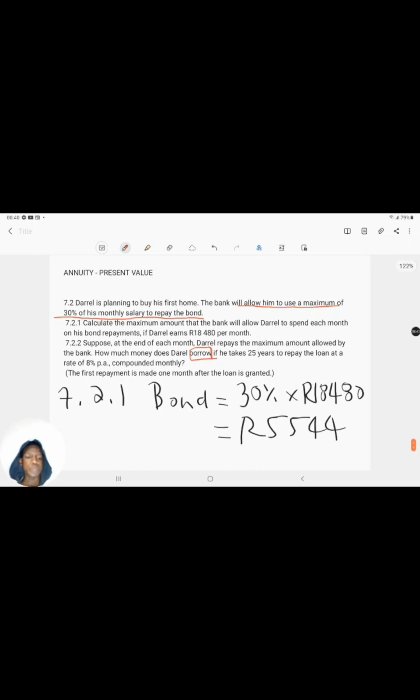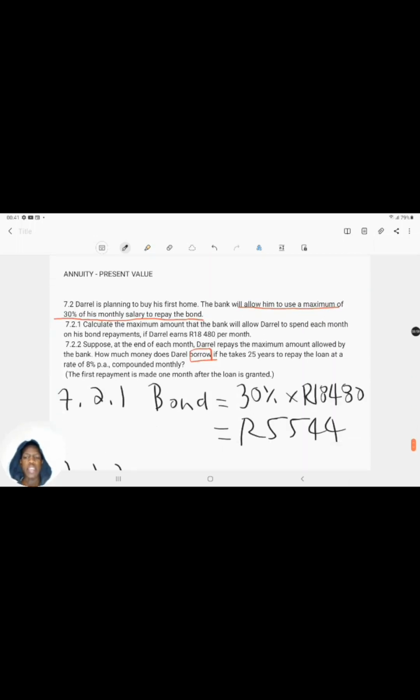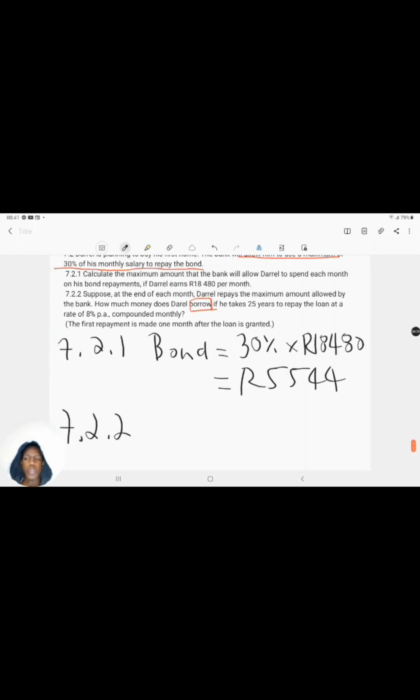Okay, so let us explain that. I actually want to explain something important about the last part of that question in 7.2.2. They're saying the first repayment is made 1 month after the loan is granted.